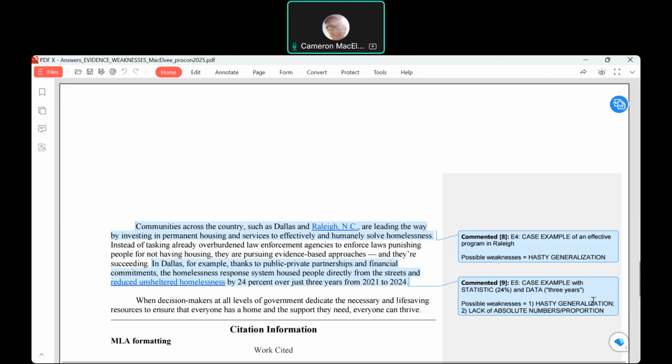Case example, again, providing this one example from Dallas. It is objectively true, real, it exists, but if we just take that one example and then interpret it or derive an opinion from it, we risk having a hasty generalization, the logical fallacy of hasty generalization. With both the statistic and the piece of data, we lack any absolute number or proportion.